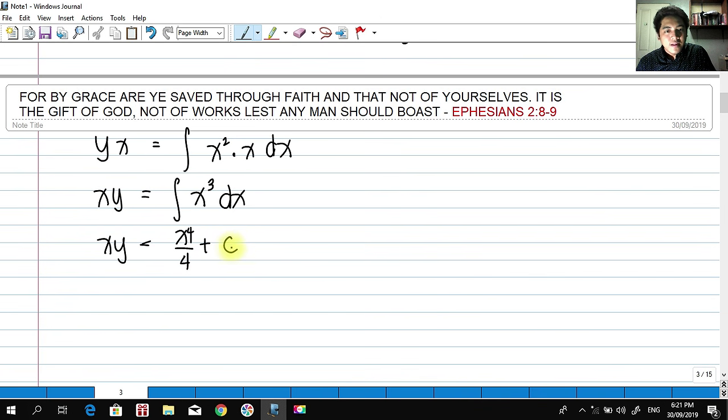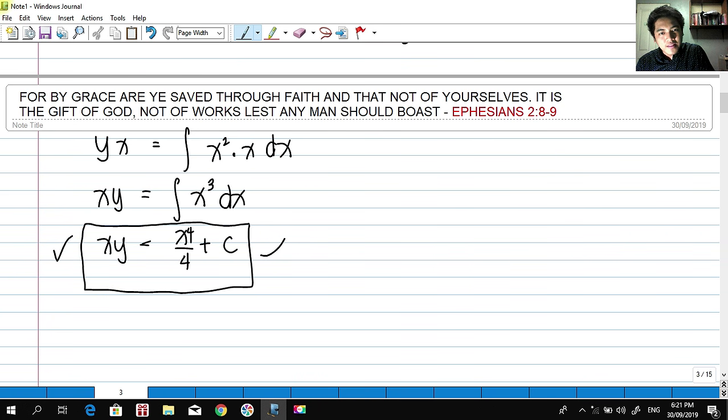Now, this is the solution to our linear differential equation. The solution or the final answer may vary, but as long as you are done with the integration, this could be considered as the solution. But oftentimes, if you are having a multiple choice question or your professor requires you, sometimes it is expressed in terms of y.